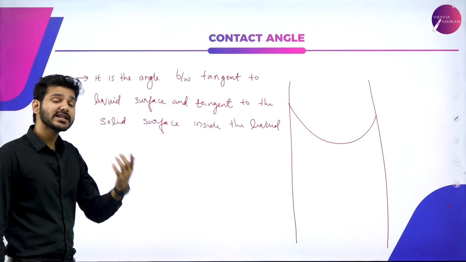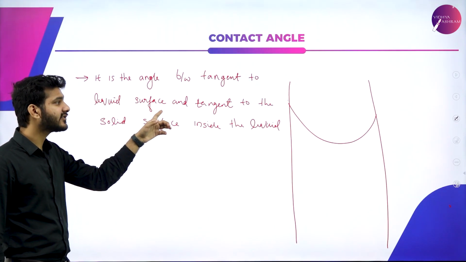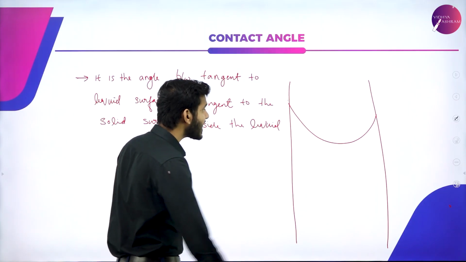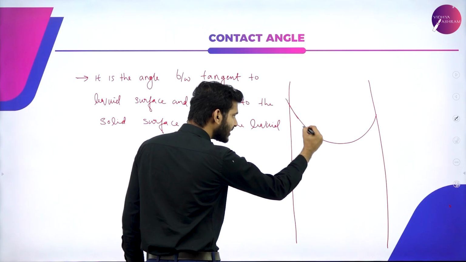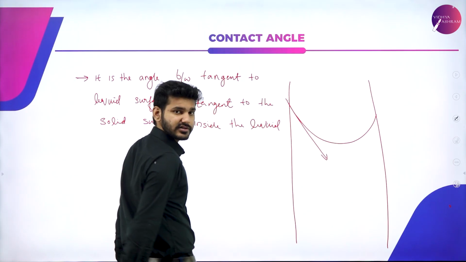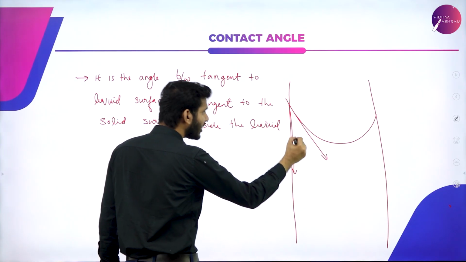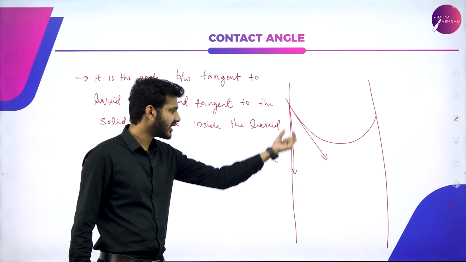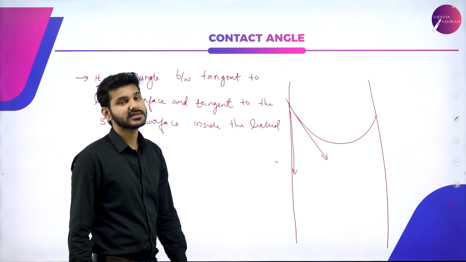So it is mathematically described as the angle between the tangent to the liquid surface and the tangent to the solid surface. It means that when the liquid is making contact here, just touching the liquid, I'll draw a tangent. And just touching the solid surface also, I'll draw a tangent. I made this gap so that you can understand there is one tangent coming here. It will be along the solid surface.